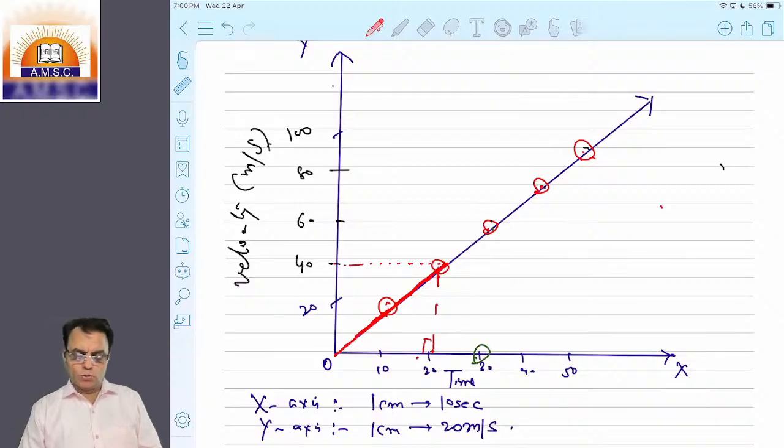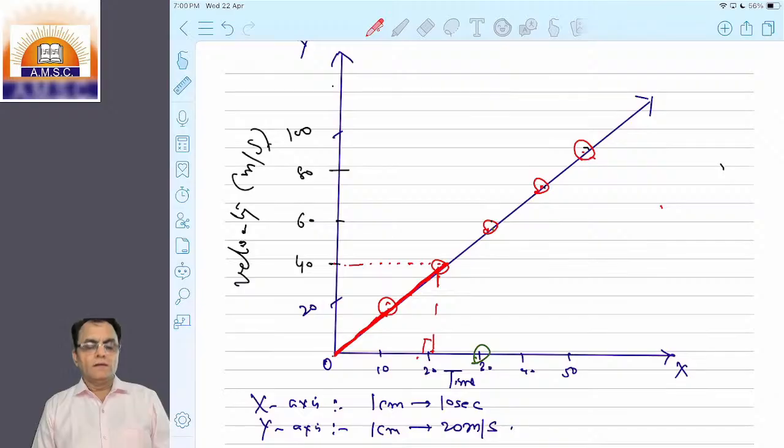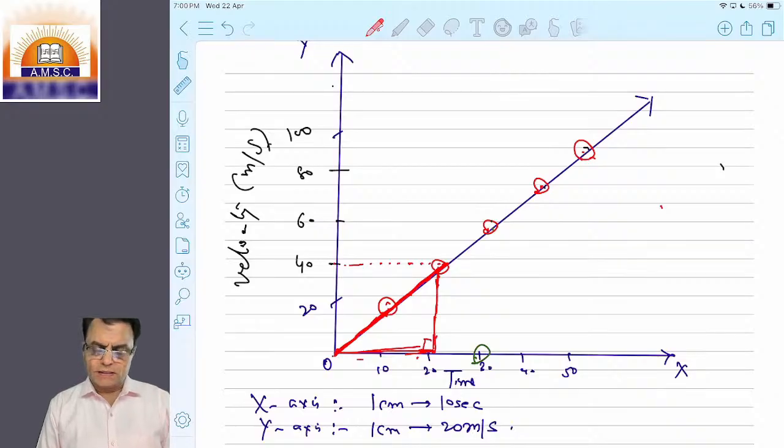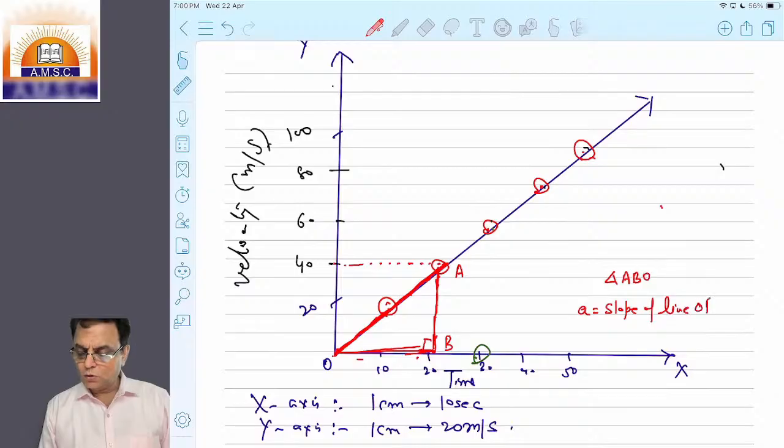So this portion represents the hypotenuse, and this is the perpendicular. Can I name this as A? This is B. This is O. Then in the right angle triangle ABO, acceleration can be evaluated by taking the slope of line OA.